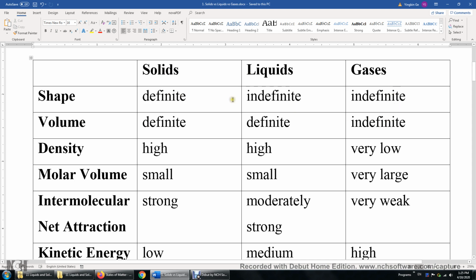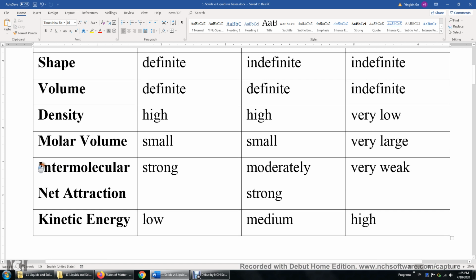Gases do not. Density. Both solids and liquids have a much higher density than gases. Molar volume. The volume of 1 mole solid or liquid is much smaller than the volume of 1 mole gas.